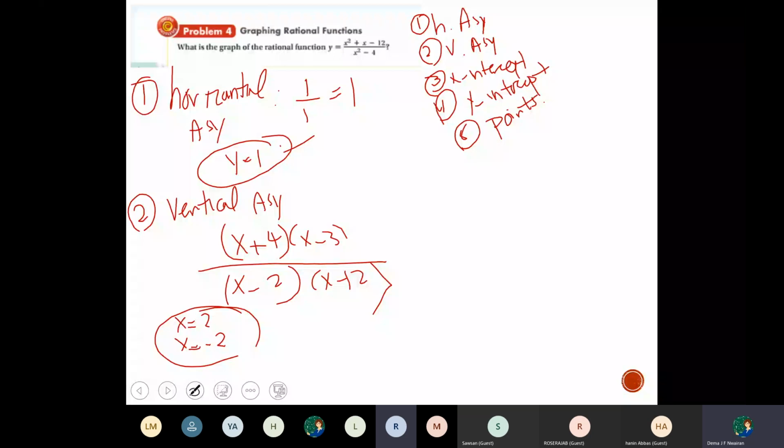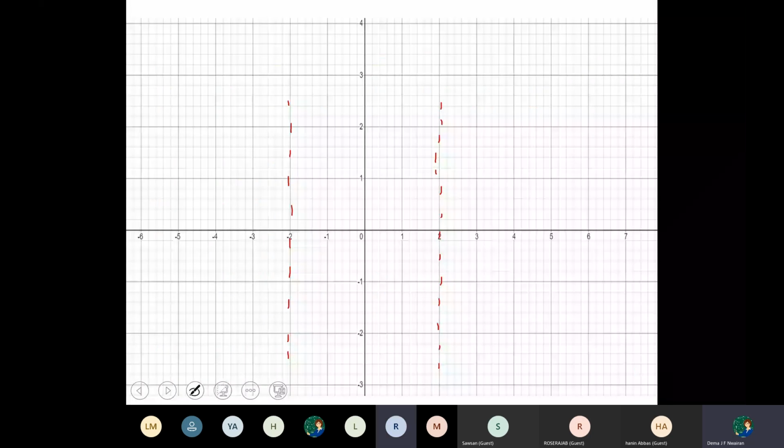At x equals 2 and at x equals negative 2, we have our vertical asymptotes. At y equals 1, we have our horizontal asymptote. So I finished the previous two steps.